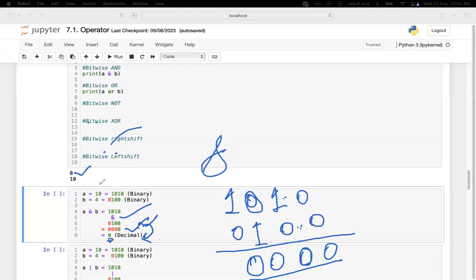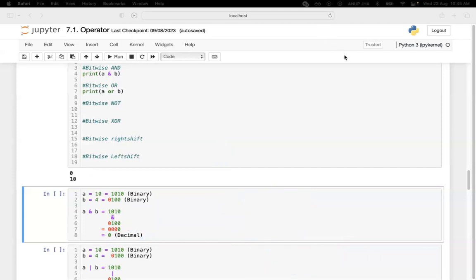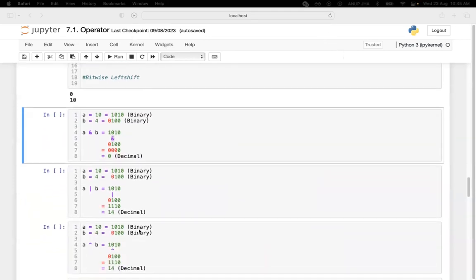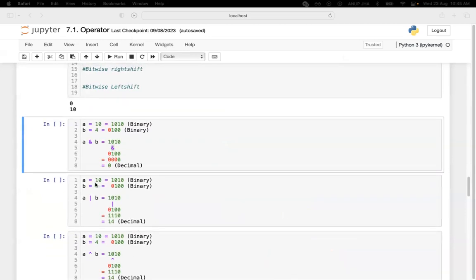Fine. Now let's understand something more in this. Same thing: 1010 is the representation for 10, and this is the representation for 4.